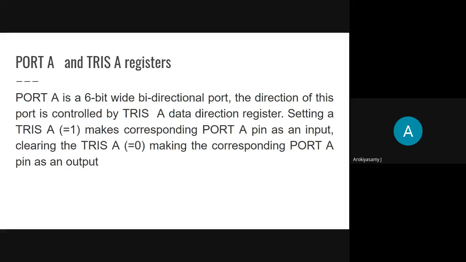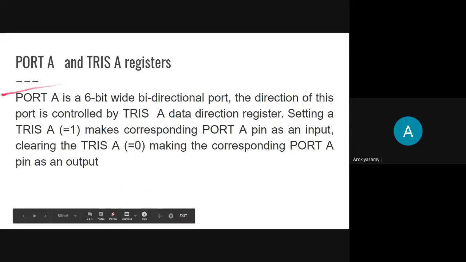For port A, this is called the TRISA register. TRISA is a control register for port A. It decides whether the line is going to act as an input line or output line.